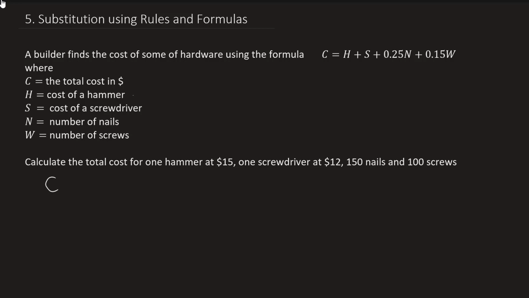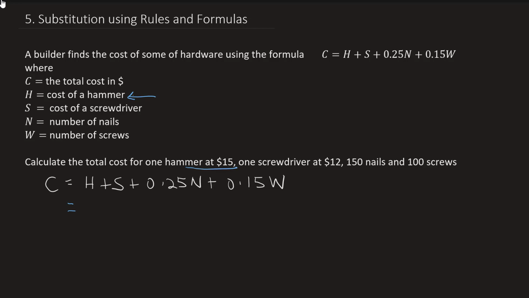C is equal to H plus S plus 0.25N plus 0.15W. And now we can start substituting some numbers in. H, we're told here, is the cost of a hammer, and here we are, one hammer at $15.